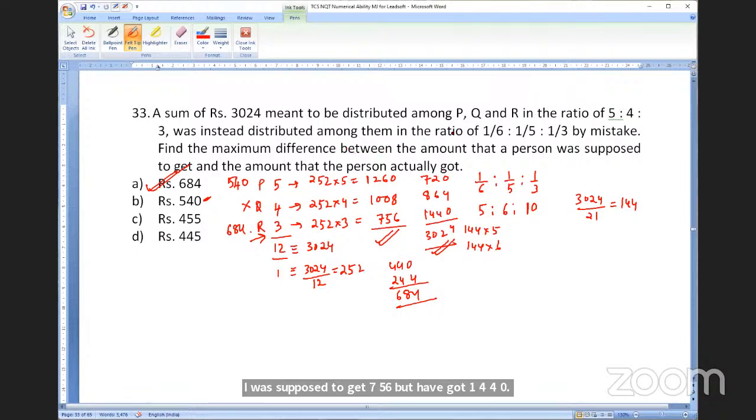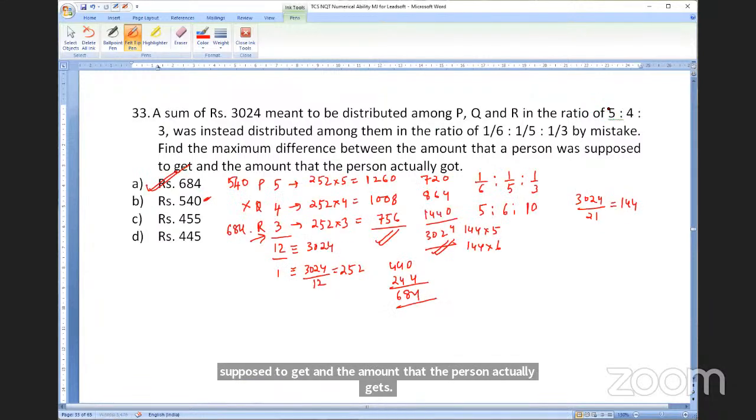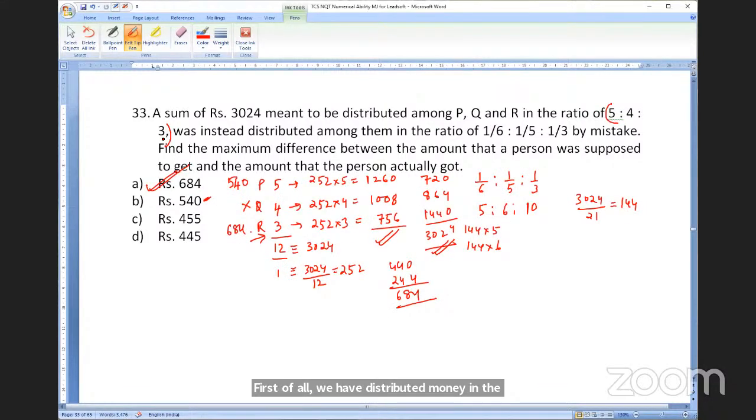What is the maximum difference between the amount that the person was supposed to get and the amount that the person actually gets? First of all, we distributed money in the ratio of 5:4:3. Then we distributed money in the ratio of 1/6:1/5:1/3.